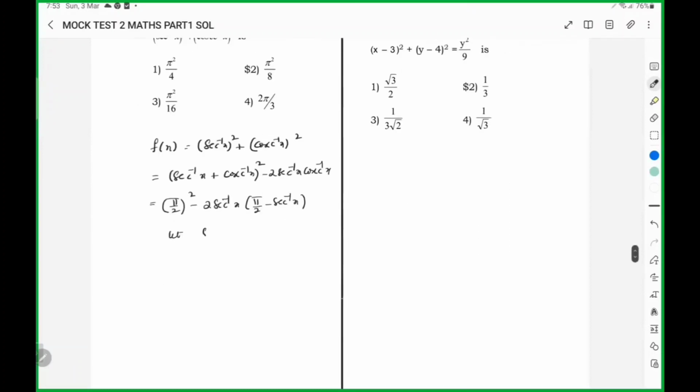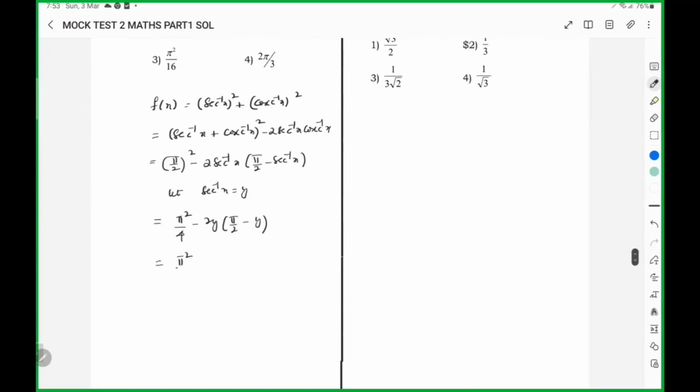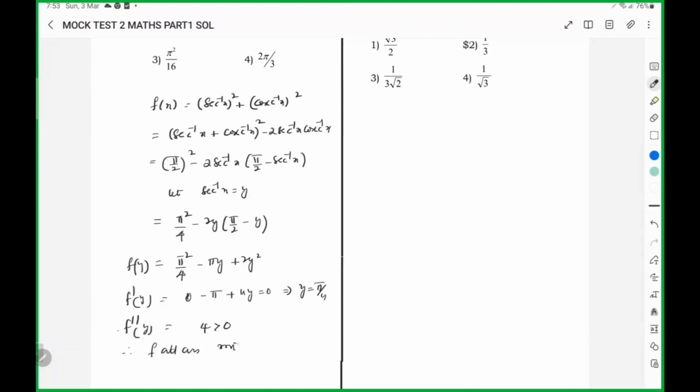Let the secant inverse x be y, then the function becomes 2y into this, minus pi y plus 2y squared. f dash y will be 4y minus pi. At this value, the function attains a minimum or maximum, we don't know. The double derivative will give you greater than 0. So f attains a minimum at y equal to pi by 4.